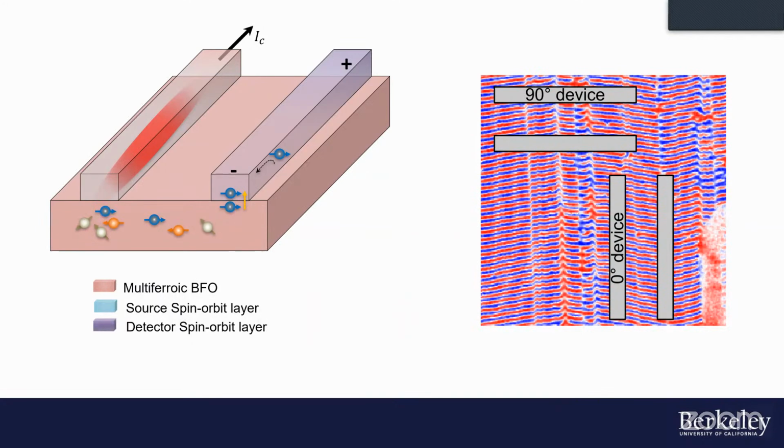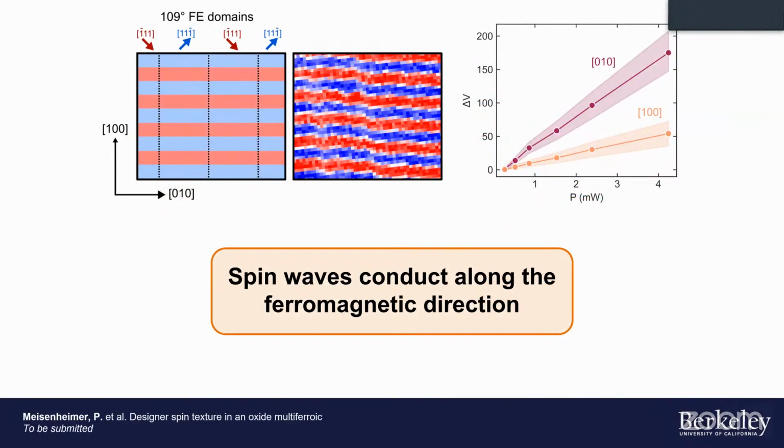This creates a spin gradient, which is a spin current, and that gives us some kind of voltage differential that we can measure at the detector side. Now, thermal effects are somewhat messy physics, but we're relatively confident that this is the process that's happening.